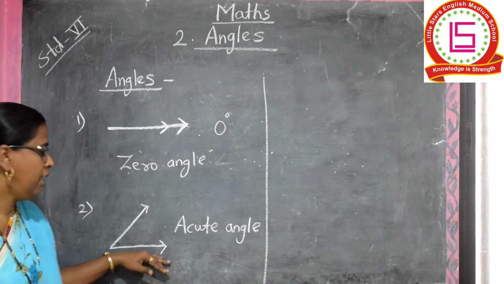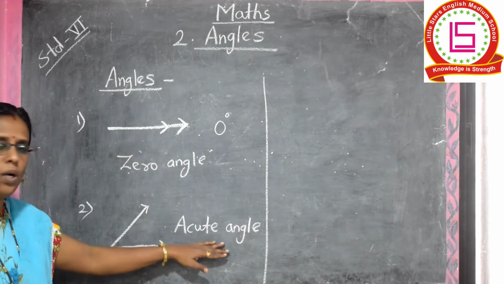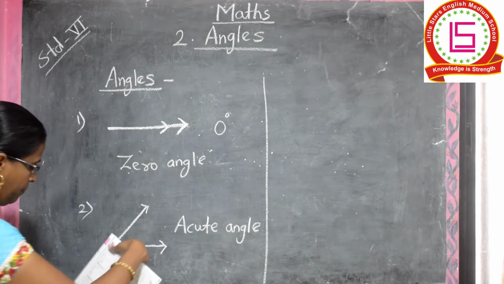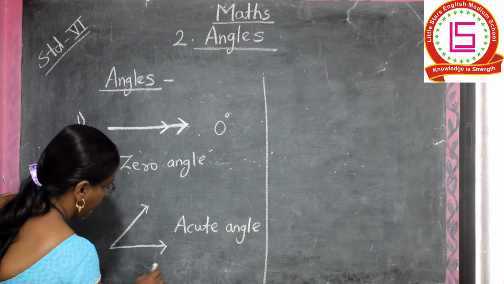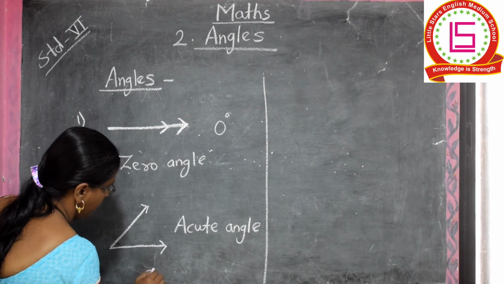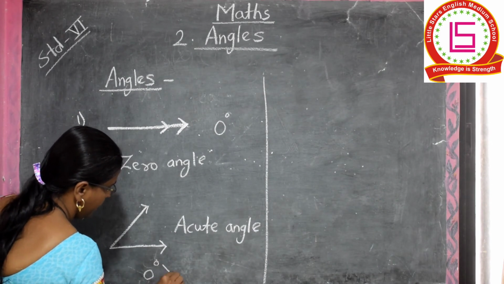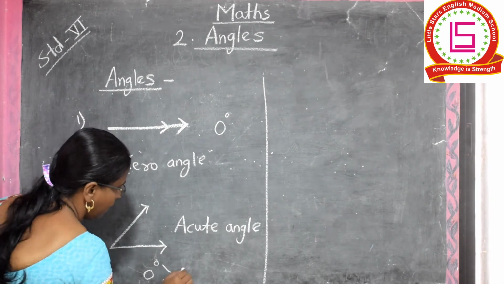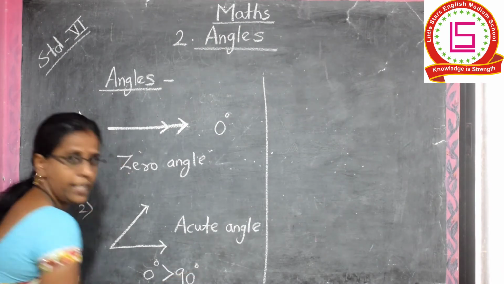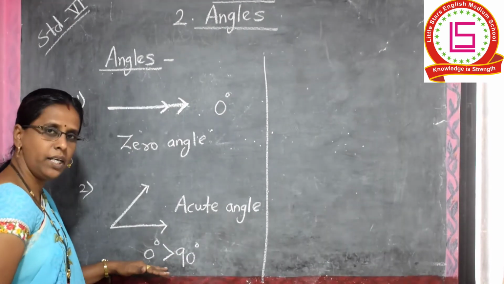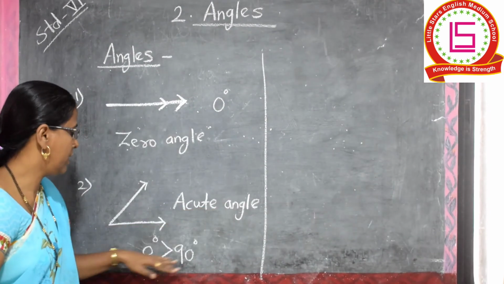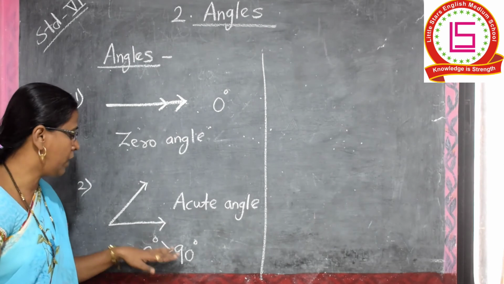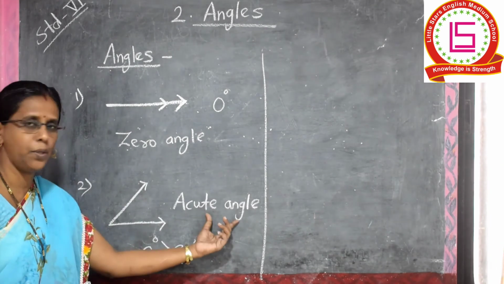Its measure is greater than 0 degree and less than 90 degree. An angle whose measure is greater than 0 degree and less than 90 degree is called an acute angle.